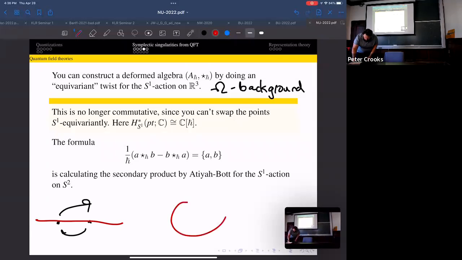If you draw a 2-sphere and think about rotating it, you have 2 fixed points. So you can think about this secondary product as integrating over a 2-sphere. Once you incorporate the S1 equivariance, you can do that integral by localizing to these 2 fixed points. The contributions to the integral are the products in the 2 different orders. And that 1 over h is the weight of the tangent space on S2. This is exactly what we want.